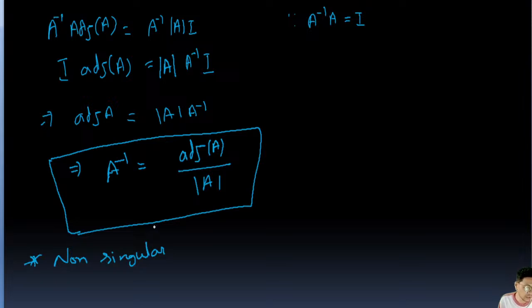So non-singular matrices are invertible. Next point.